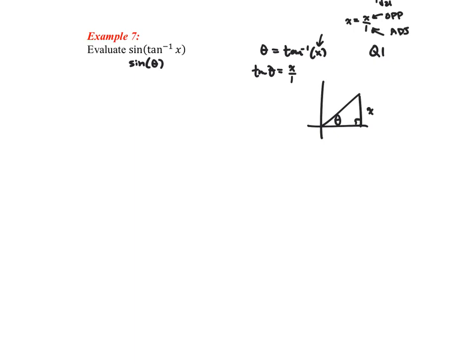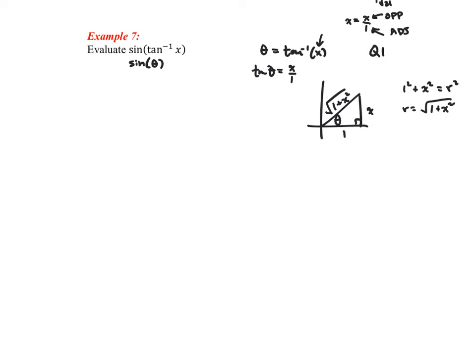So opposite over adjacent. And using the Pythagorean theorem, I would see that this third side, the hypotenuse, would be square root of 1 plus x squared. Let's see how we did that. 1 squared plus x squared equals, we can call that r squared, which is the third side. And r then would equal the square root of 1 squared plus x squared.